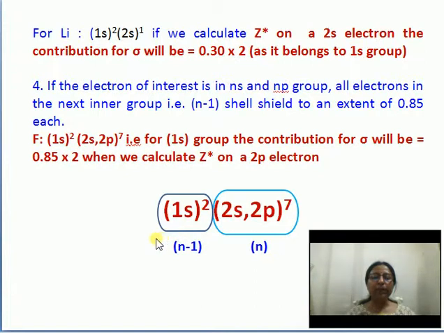This is obvious, because these electrons are closer to the nucleus, and as they are close to the nucleus, they shield the nuclear charge more effectively than the outer electrons. So the contribution is more, and it will be calculated as 0.85 into 2 for this part. The sigma contribution will be 0.85 into 2.